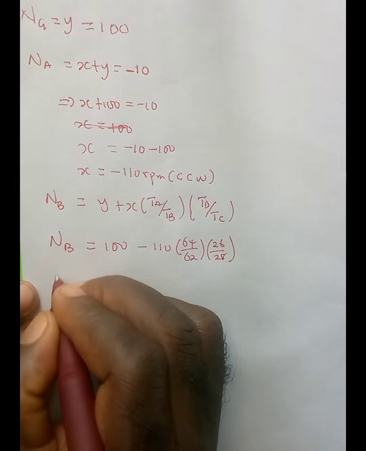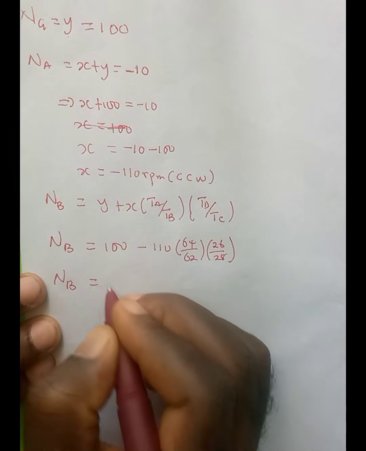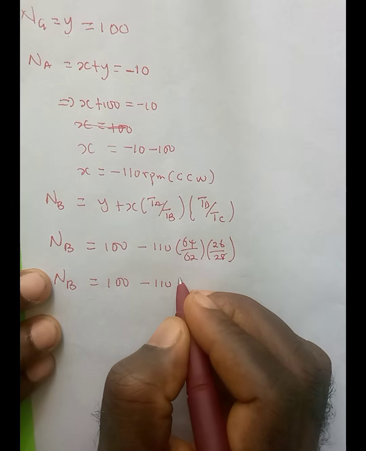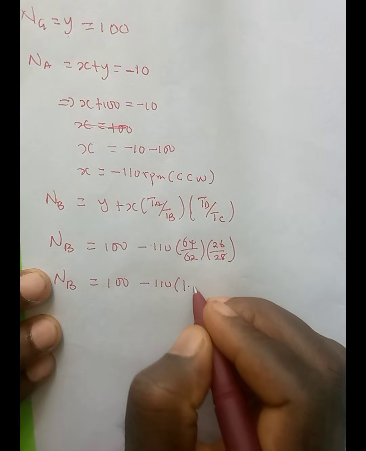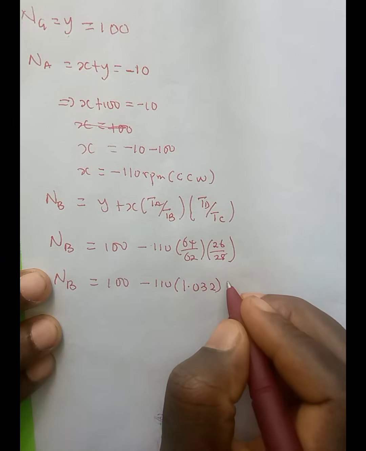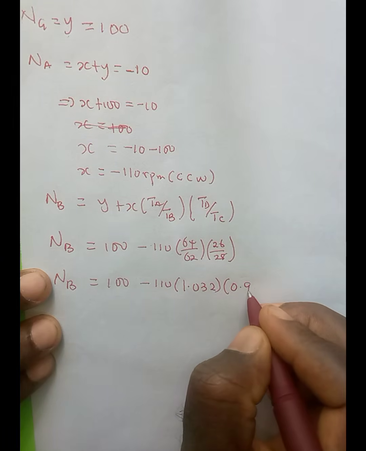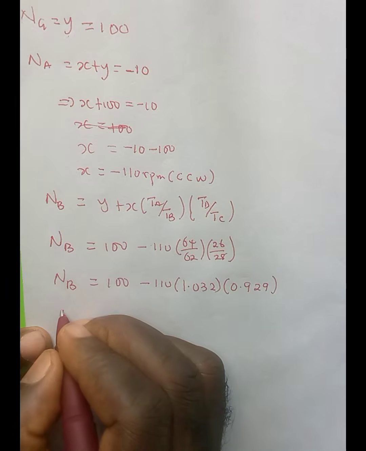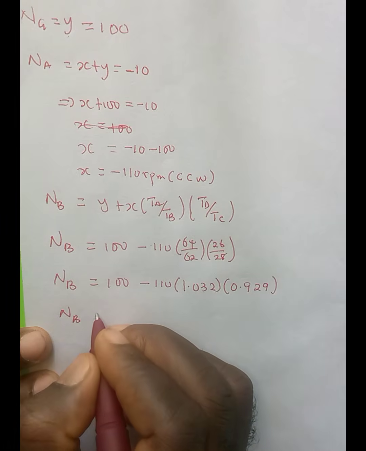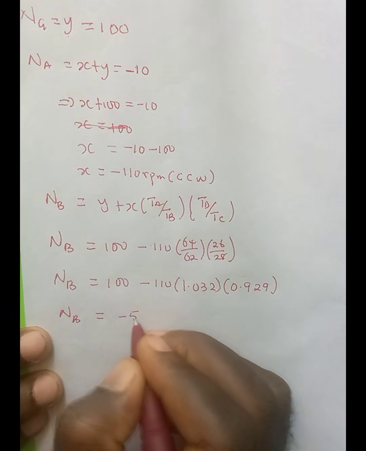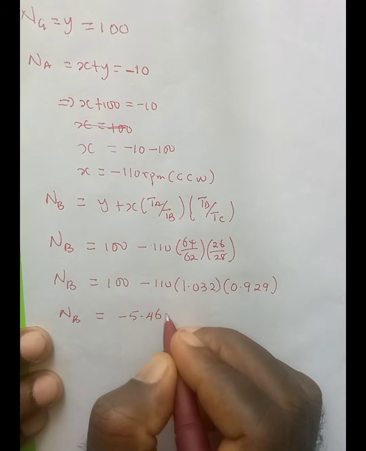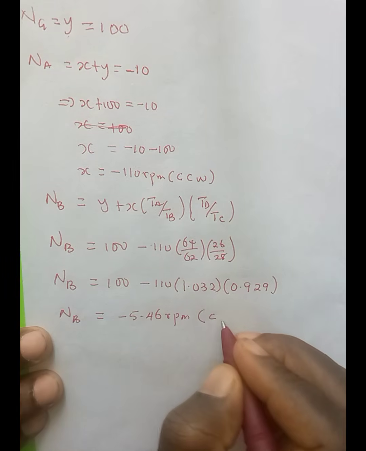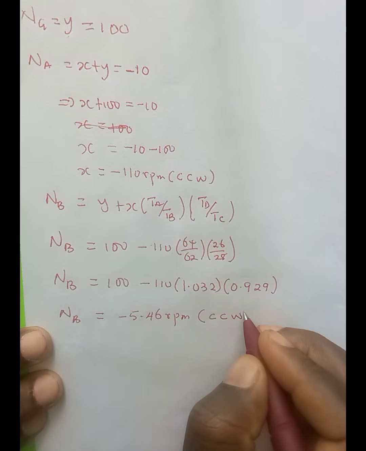Then we have NB is equal to 100 minus 110 into 1.032 multiply 0.929. When we evaluate this, we find out that the speed of B is going to be minus 5.46 RPM. Since it is negative, it's going to be in a counterclockwise manner.